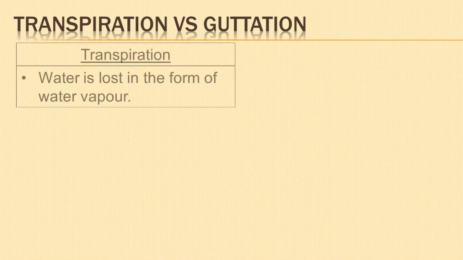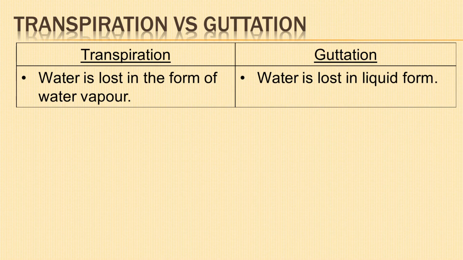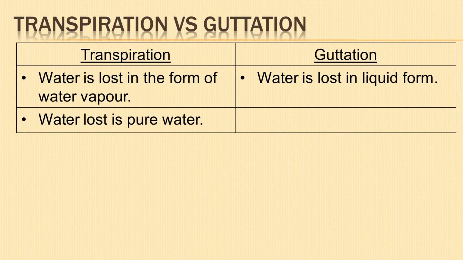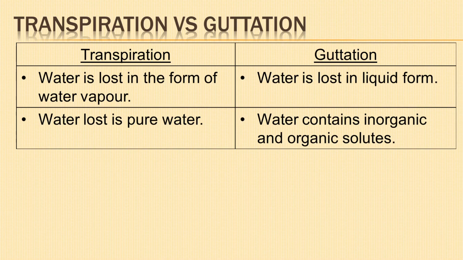Let us look into the differences between transpiration and guttation. In transpiration, water is lost in the form of water vapor. In guttation, water is lost in liquid form. In transpiration, water lost is pure water. In guttation, the water contains inorganic and organic solutes.